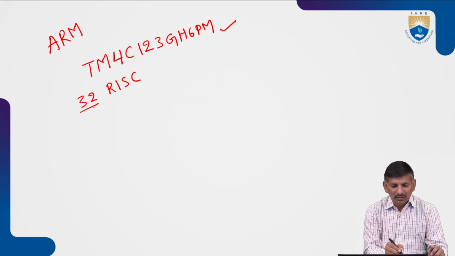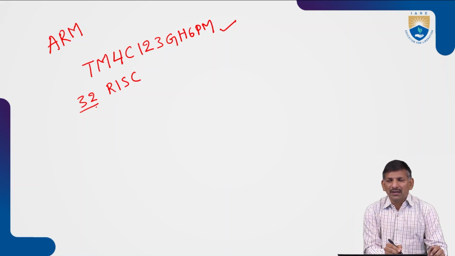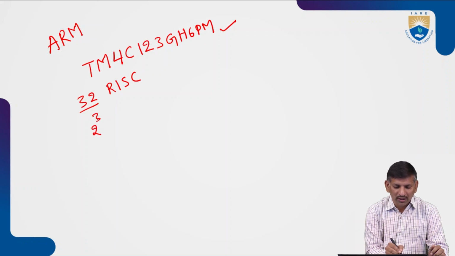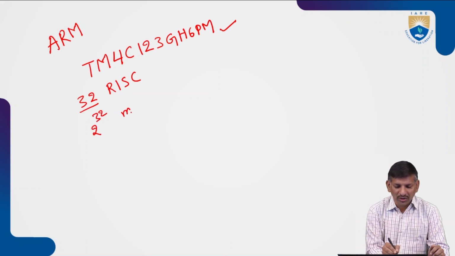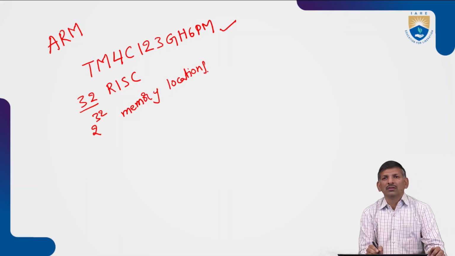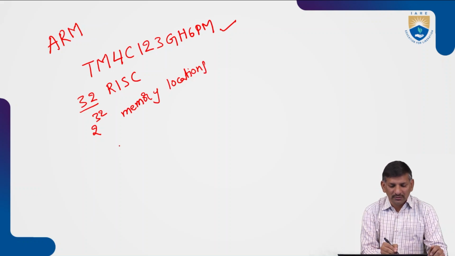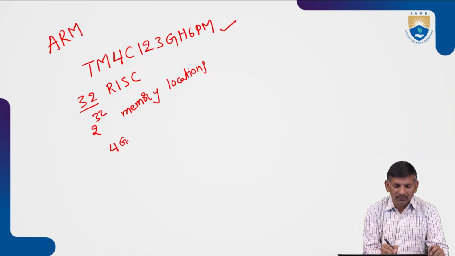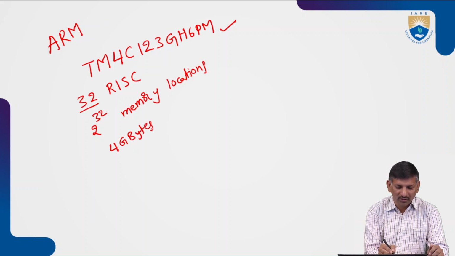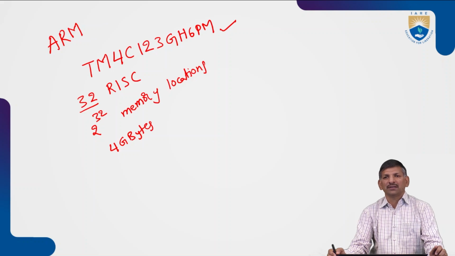So, we can interface memory to this microcontroller up to 2 power 32 memory locations. 2 power 32 means up to 4 gigabytes of memory locations we can interface.